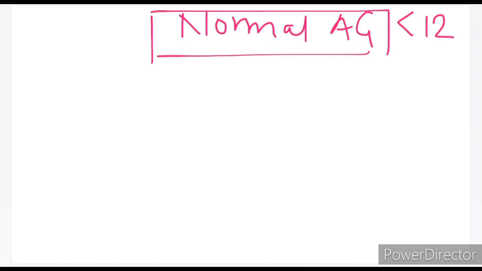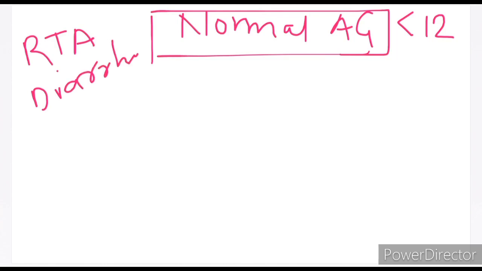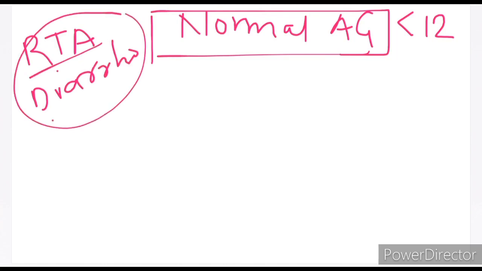And if we have normal anion gap, that is value less than 12, now the differential includes renal tubular acidosis and diarrhea. These are the two most common differentials, so we have to rule out these.